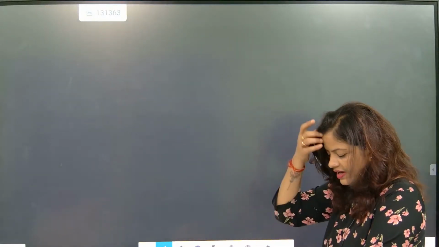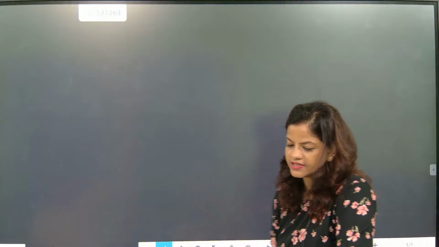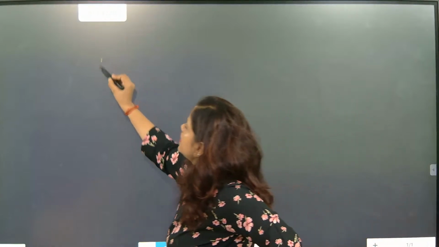So the question is: find the equation of a circle which passes through 2 points on the x-axis. See, look here, what they are telling.